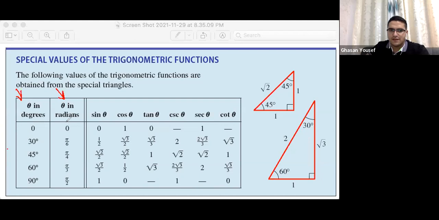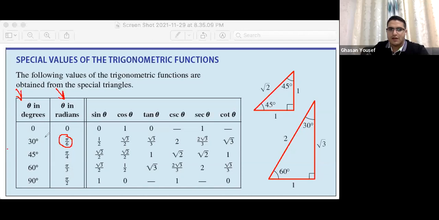So 0 degrees is the same as 0 radians. 30 degrees is the same as pi over 6 radians. 45 degrees is the same as pi over 4 radians. 60 degrees is the same as pi over 3 radians. 90 degrees is the same as pi over 2 radians.